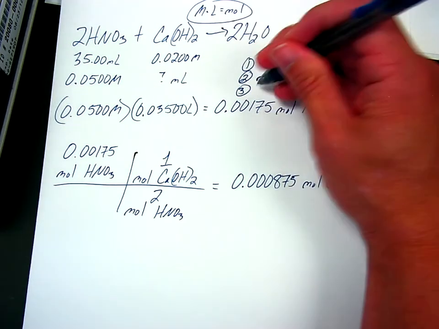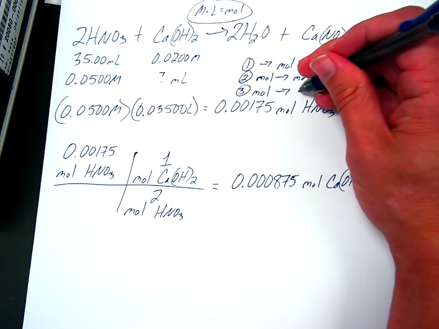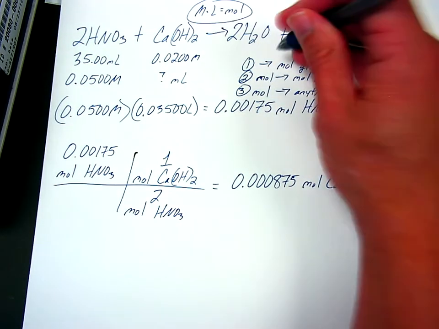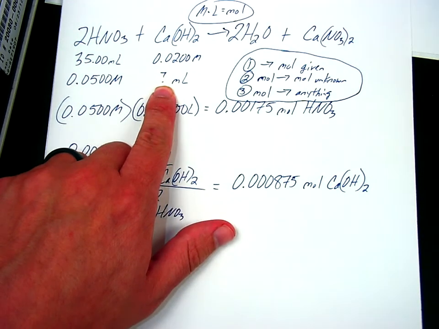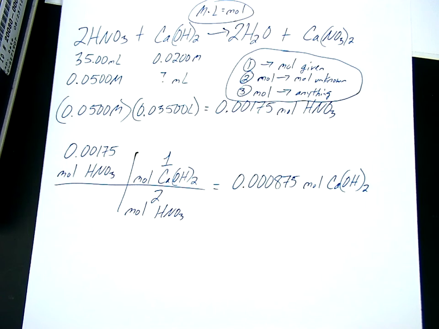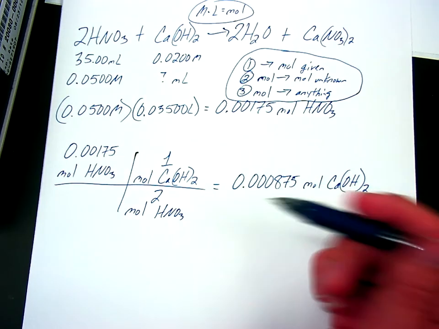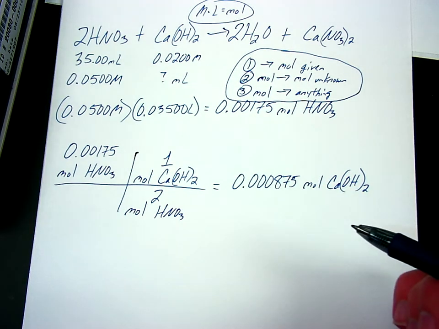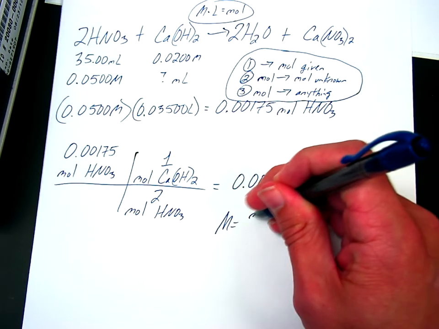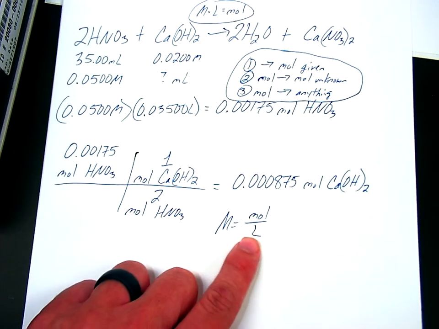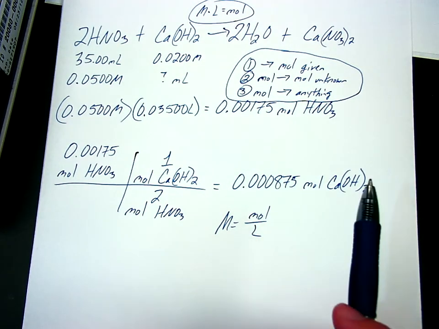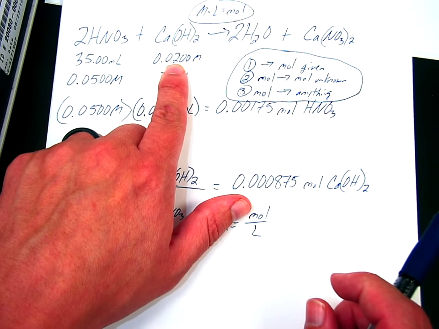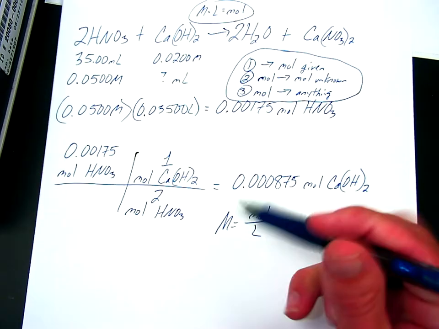And then my final step 3 is I can go from moles of unknown to anything. In this problem, we know that we want volume. So I'm going to use my molarity equation, which of course is molarity equals moles over liters, and I'm going to use this to ultimately find liters. The molarity that we're given up here in the problem for my unknown is 0.02.